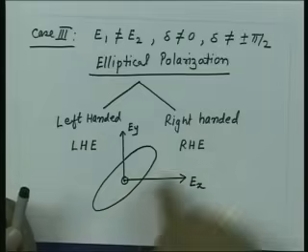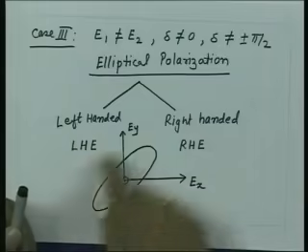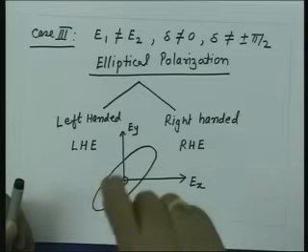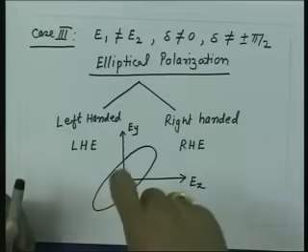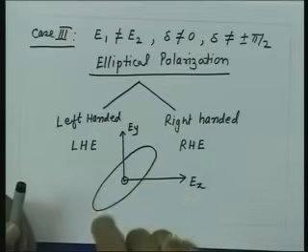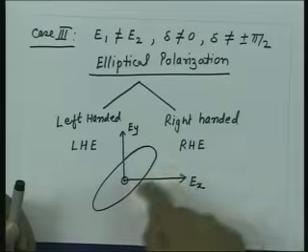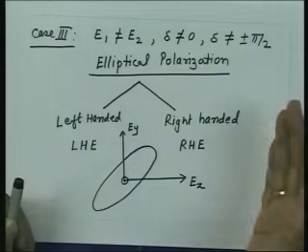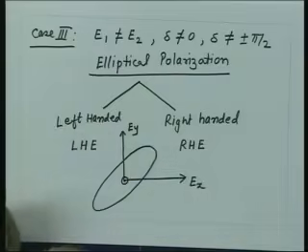If the ellipse is drawn in the clockwise direction, that will be the left-handed polarization. Keep in mind the wave is coming out of the plane of the paper. So, first you have to orient yourself so that you see in the direction of the wave, then you see whether the rotation is towards your right hand or towards your left hand, and that gives you the right-handed or the left-handed sense of polarization.